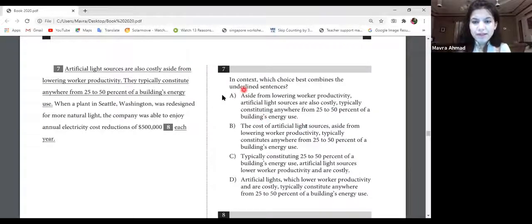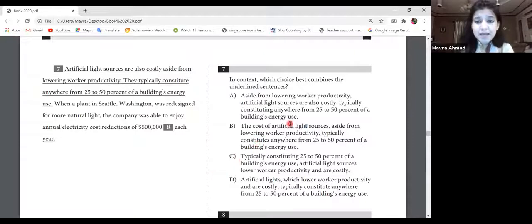Sounds good. इसमें सबसे पहले उसने मेंशन किया है कि वर्कर प्रोडक्टिविटी को भी डिक्रीज कर देते हैं और they are also costly, they are expensive, and they use a lot of energy when they are installed in a building, right? Then option B, the cost of artificial light sources aside from lowering worker productivity typically constitutes anywhere from 25 to 50% of a building's energy use.